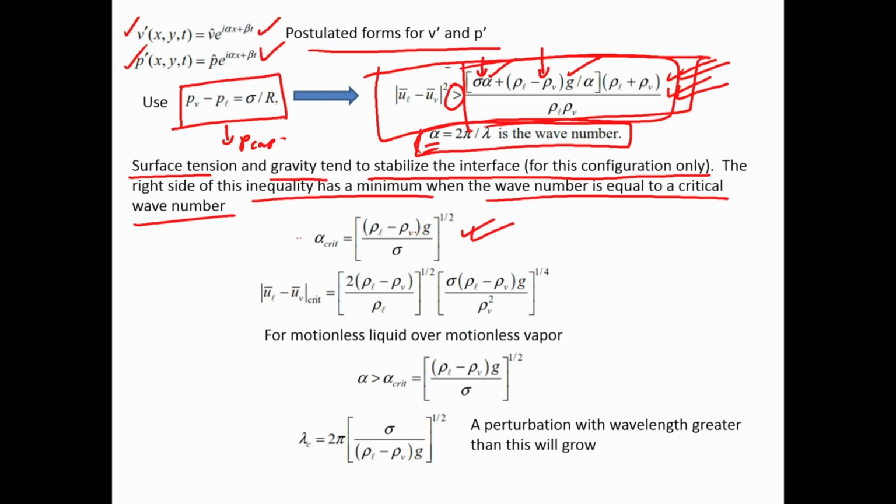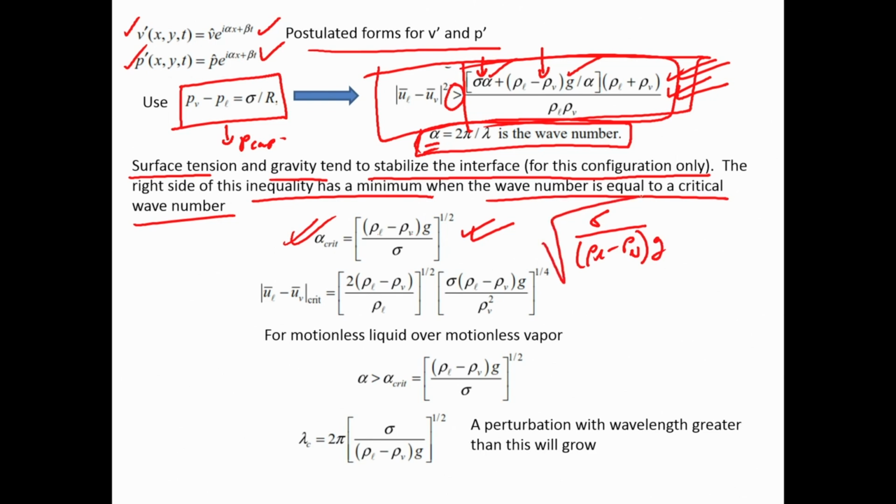This sounds familiar to a certain audience, you can think about it. I will give the answer in the next class, what this actually resembles. This sigma divided by rho L minus rho V into g, and the root of that, is an interesting quantity.